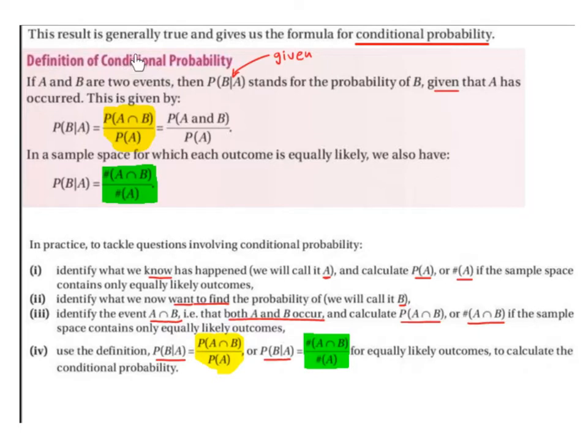This result is generally true and gives us the formula for conditional probability. So, definition of conditional probability: if A and B are 2 events, then the probability of B given A stands for the probability of B given that A has occurred.